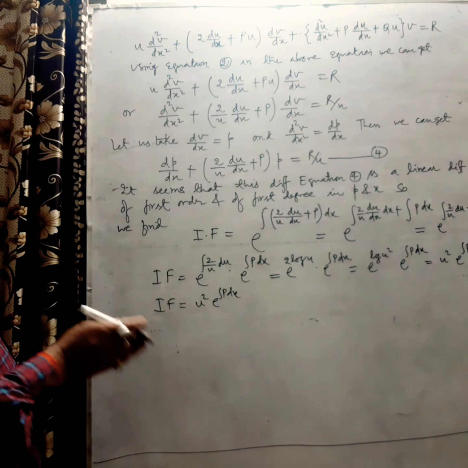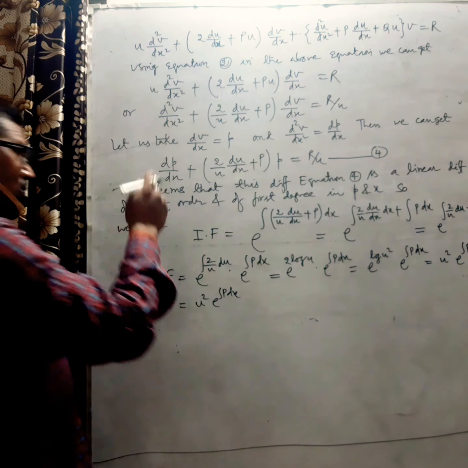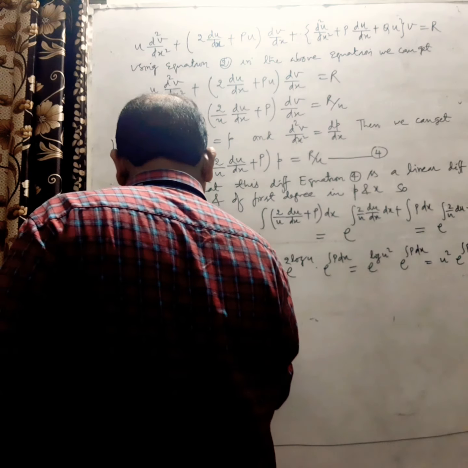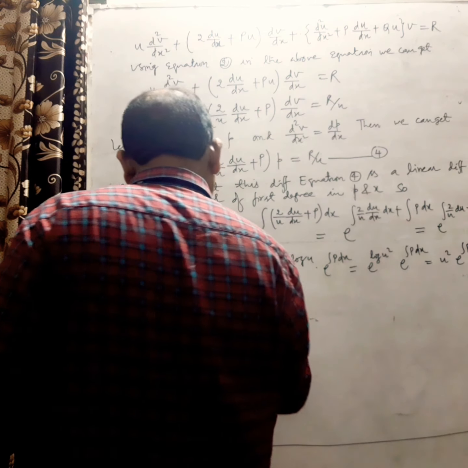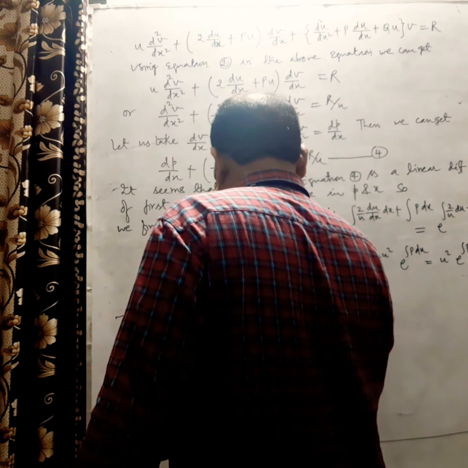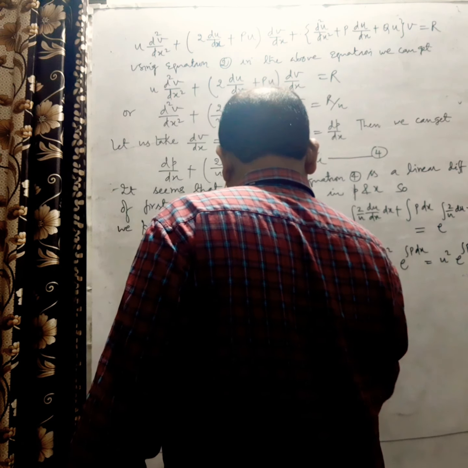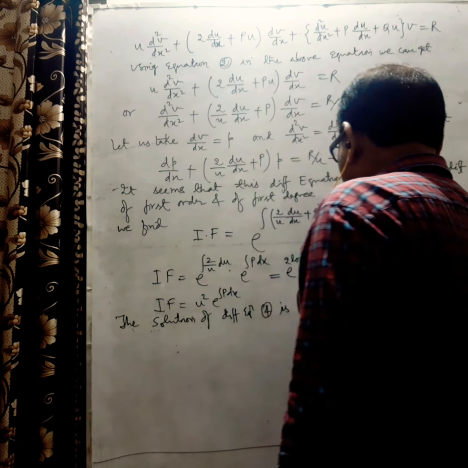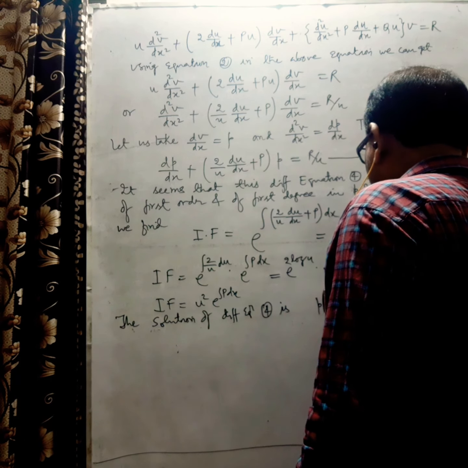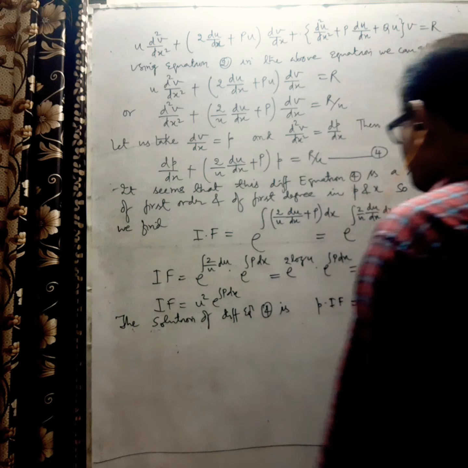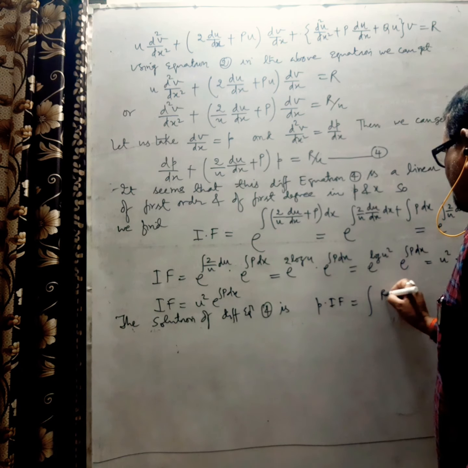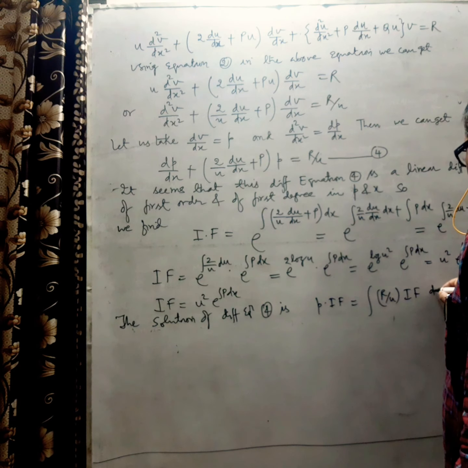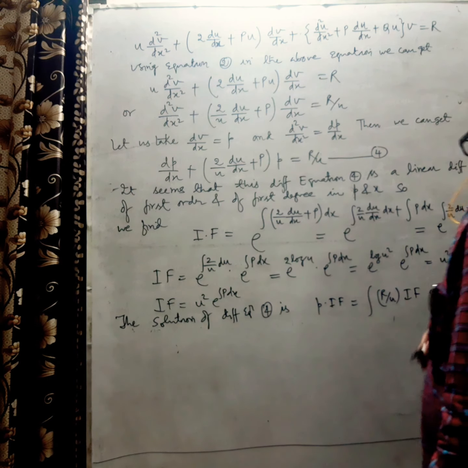And hence we can write the solution of differential equation 4. The solution of differential equation 4 is p into integrating factor equals integral of r by u into integrating factor dx plus a constant c.